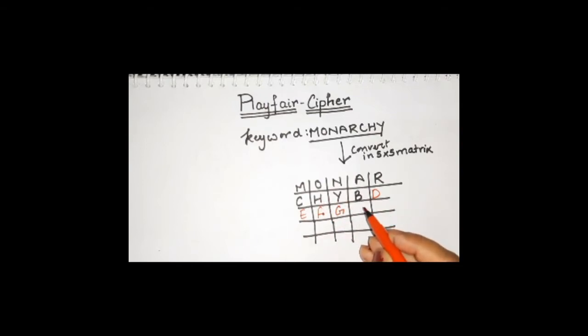One more thing I would like to tell you: I and J are treated as a single unit and mentioned only once in the matrix. Always remember, I and J are treated as a single unit and placed inside one cell. Somebody would ask why do we treat I and J as the same?